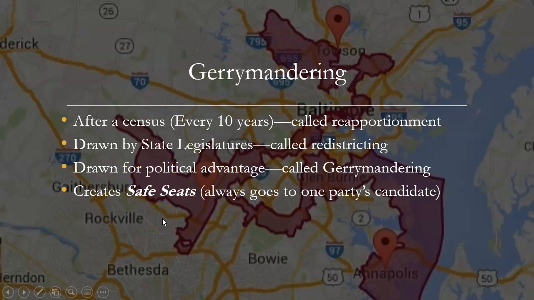Basically, it doesn't matter who runs in that party, if it's a gerrymandered district, let's say a Democratic gerrymandered district, whoever runs as a Democrat is almost guaranteed to get that seat. I read somewhere that an estimated 75% of the seats in Congress are safe seats. That's how widespread this practice is.